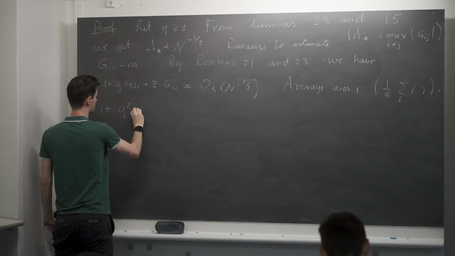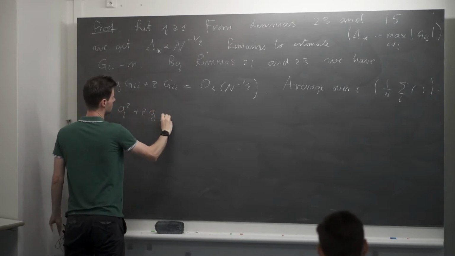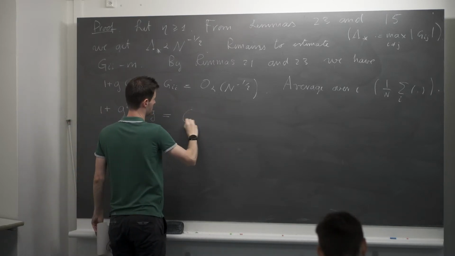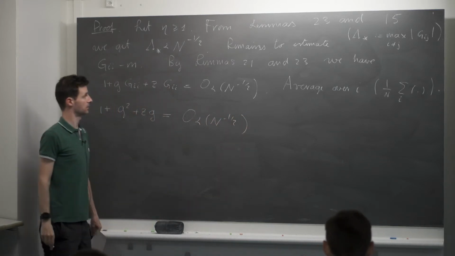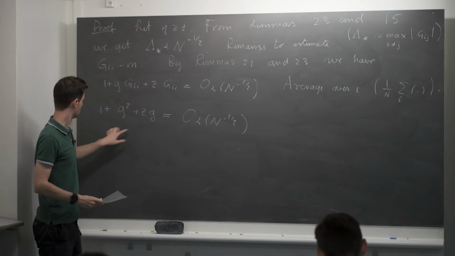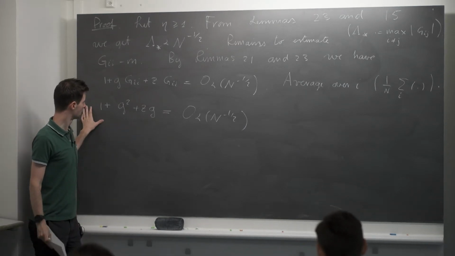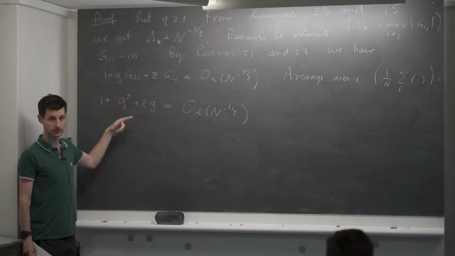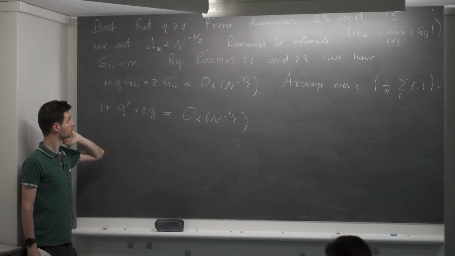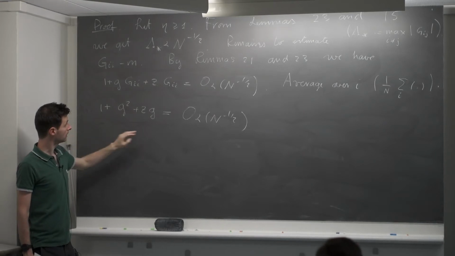So I get g squared plus zg. And this, by union bound, remains the same thing. This is all uniform in i. And this is now precisely the quadratic equation for g, which is exactly the quadratic equation I was discussing before. And I have a small error term here.